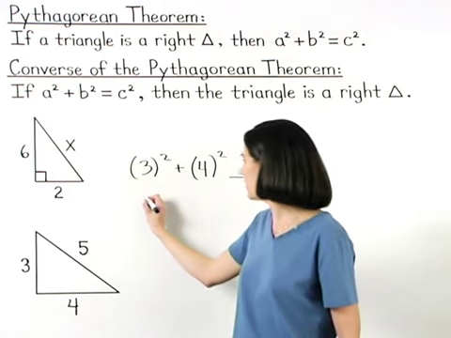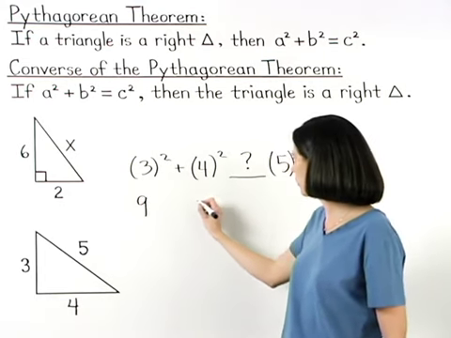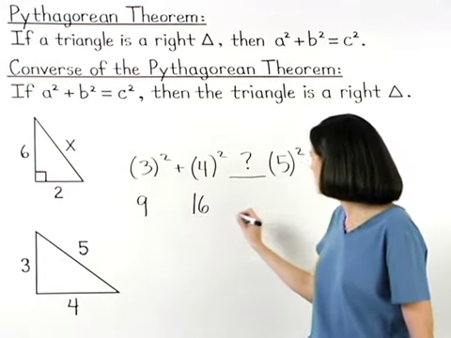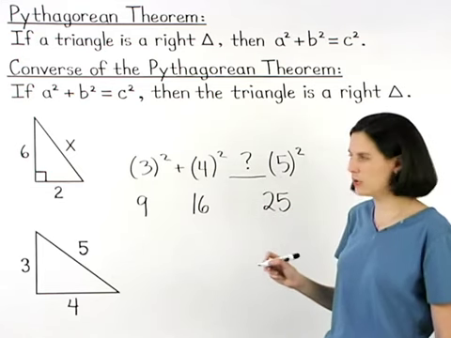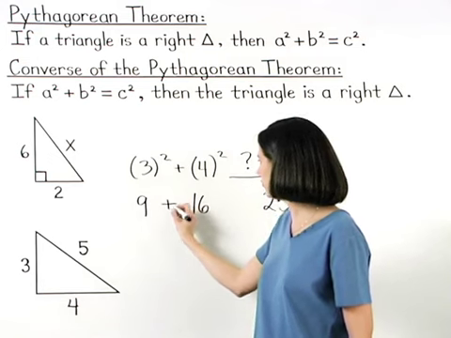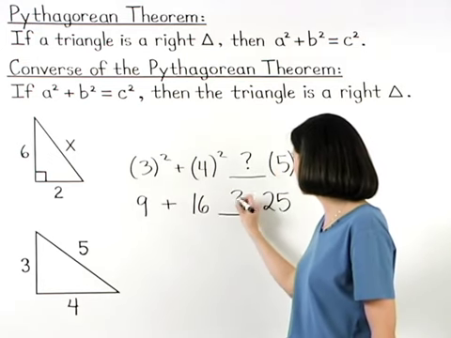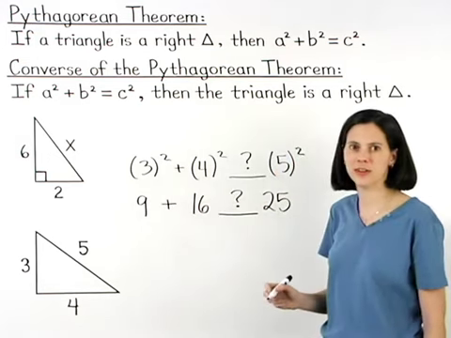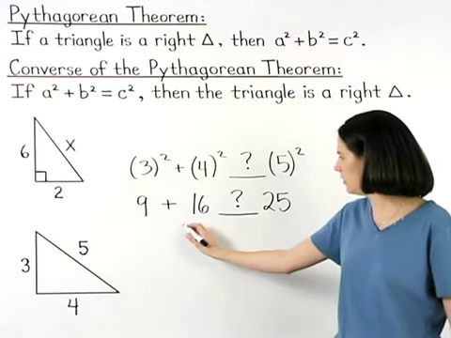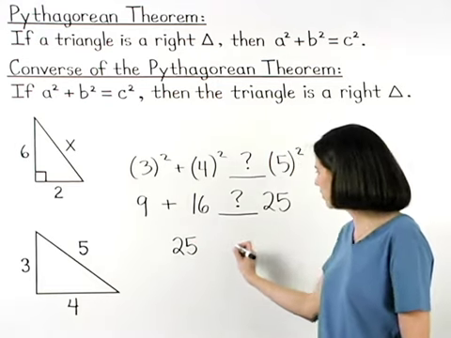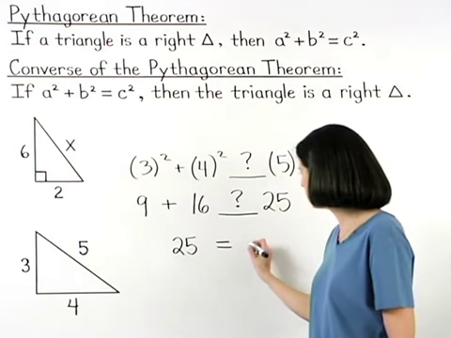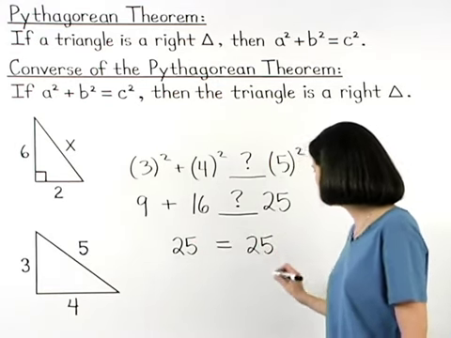3 squared is 9, 4 squared is 16, and 5 squared is 25. So we have 9 plus 16 blank 25. 9 plus 16 is 25, so we can see that 25 equals 25.